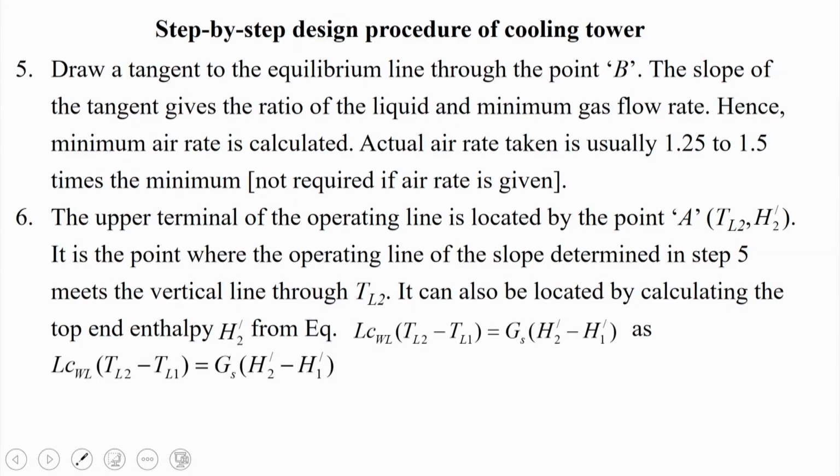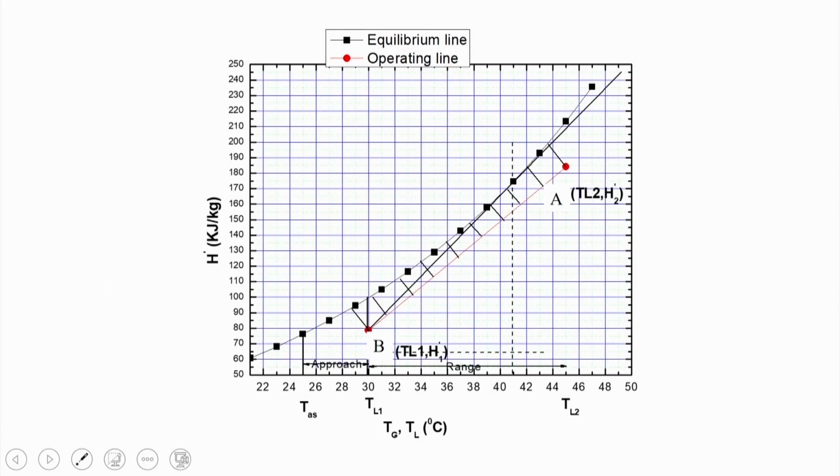Now we need to draw a tangent to the equilibrium line through point B. Like this, from point B we need to draw this tangent to the equilibrium line.